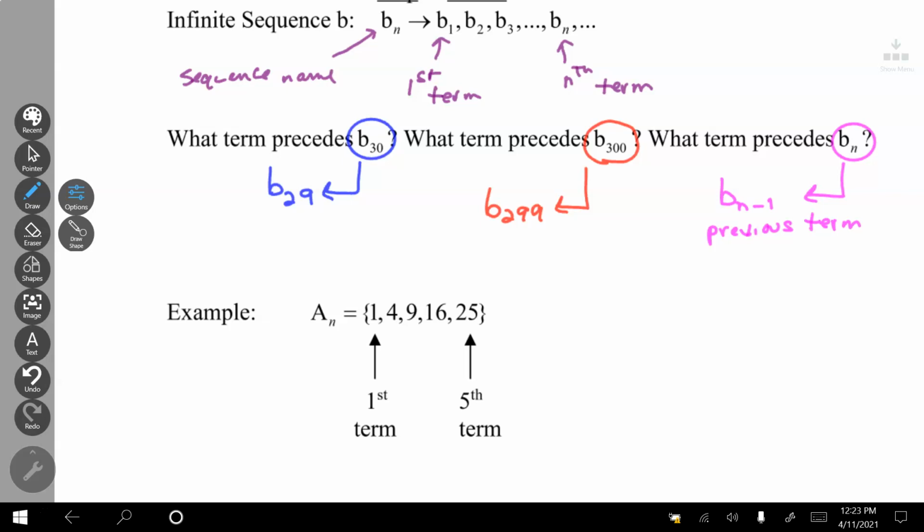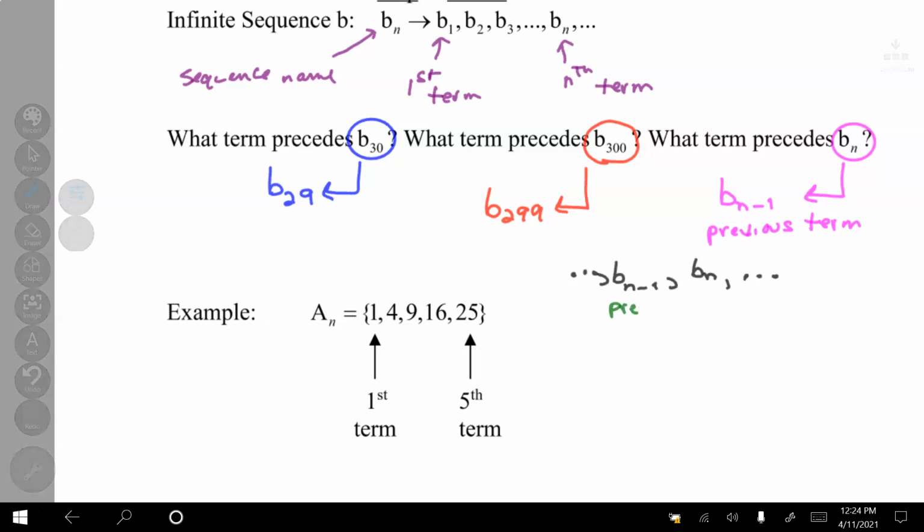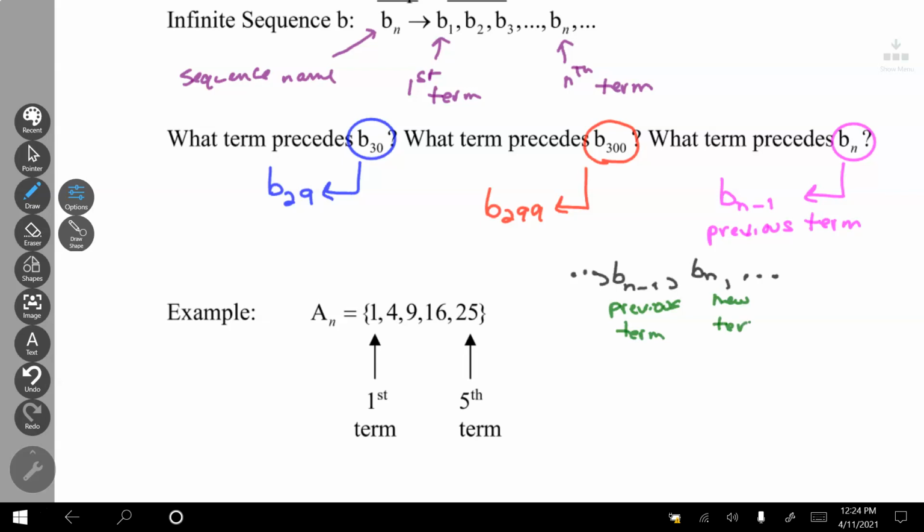So if I have a long list of terms, b sub 1, b sub 2, b sub 3, first term, second term, third term, b sub n minus 1 is the previous term, and b sub n is the new term that I'm looking for.